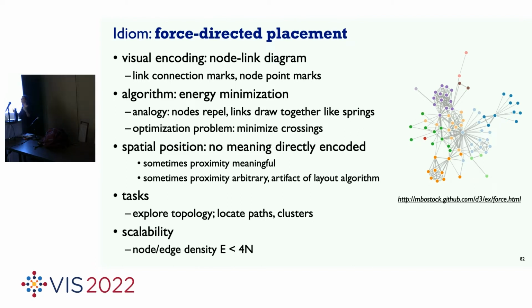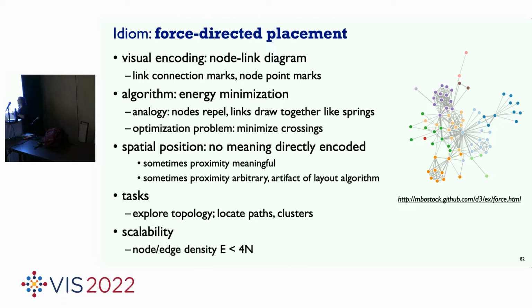So there's many, many forms of node link layouts. This is a particular one. And in this one, the algorithm under the hood is, you can think of this as an energy minimization approach. You often have the analogy of a physical system where you've got nodes that are like repelling magnet forces and links are drawing them together like springs.